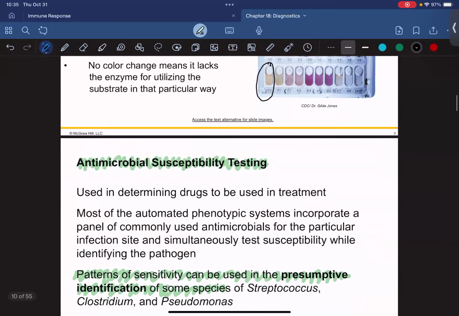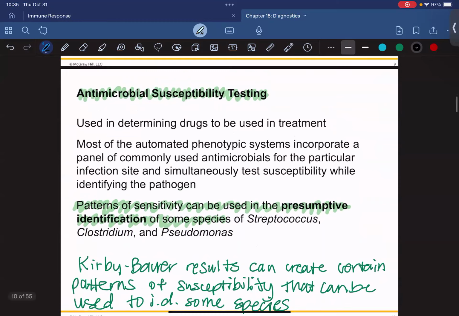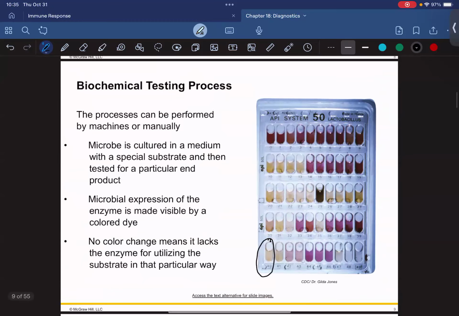This is what I'm going to be ordering for the cadaver testing, just FYI, because I don't have time to go through every single little test that we want to run. And we just don't have all of the tests. When you look at this card, y'all, that's 50 tests. It's called an API 50 because it's got 50 tests. That's just for lactobacillus species. So you have to know that you're looking for lactobacillus first.